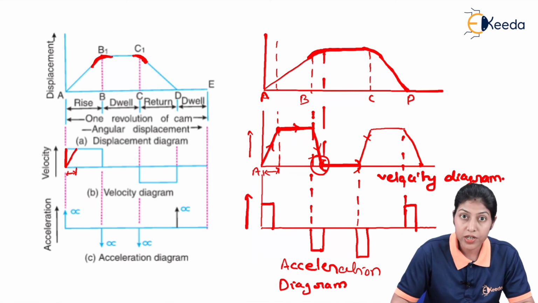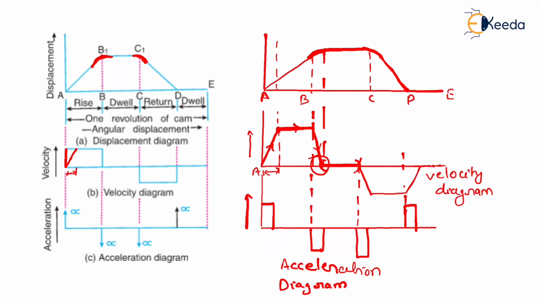Velocity should be reduced. So here this line should be in downward direction because of decrease in velocity for this downward stroke. So this inclined line is representing change in velocity, and this particular gap is representing change in time, because this horizontal line is representing the amount of time to complete one revolution of the cam. So this inclined line is representing change in velocity with respect to time.